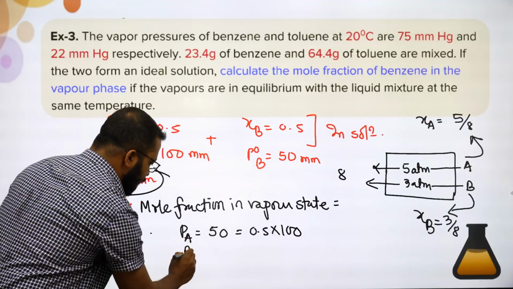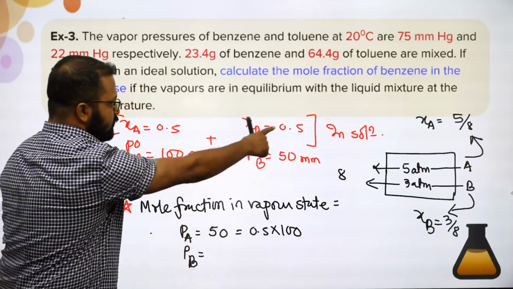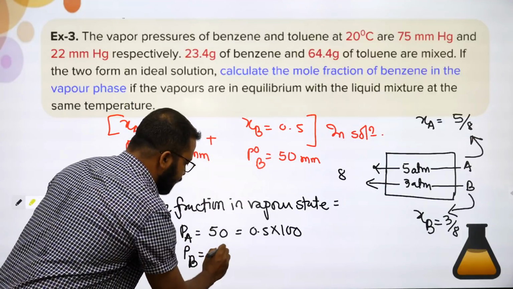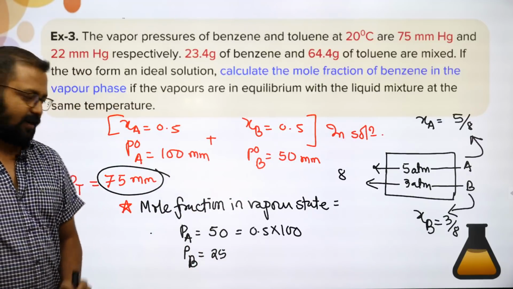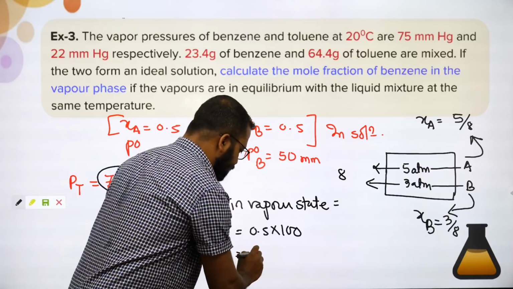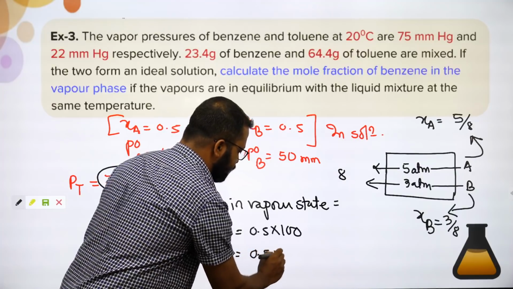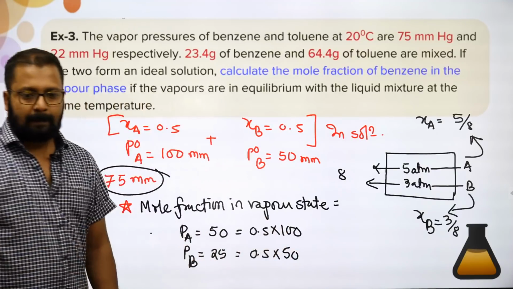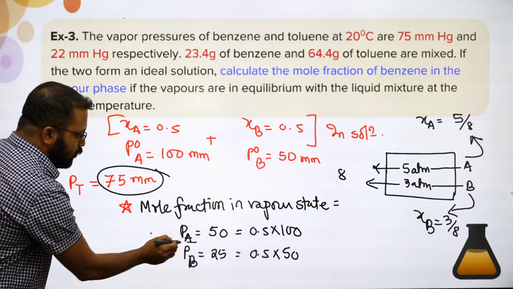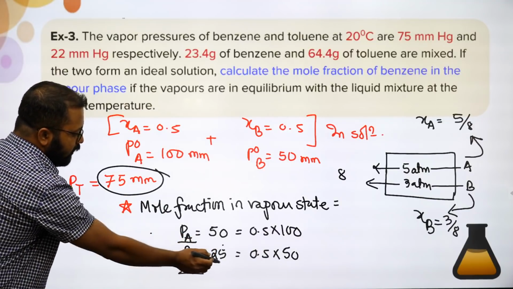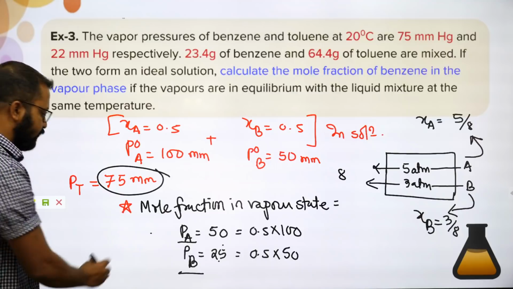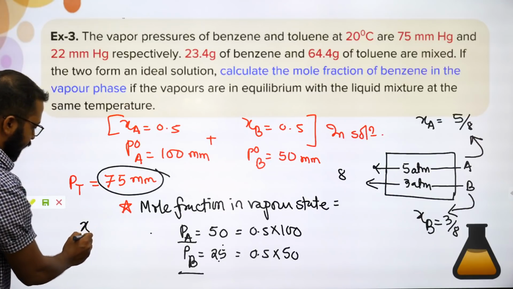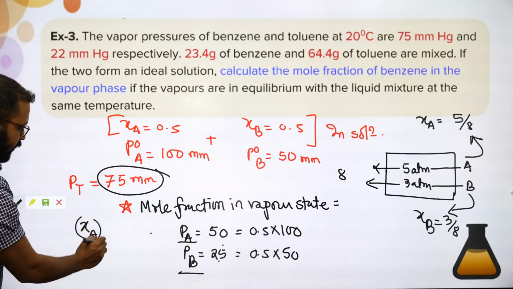And pressure due to B is 0.5 times 50, that is 25, isn't it? Is that understood? So pressure due to A is 50, pressure due to B is 25, total is 75. So what will be the mole fraction of A in vapor state?